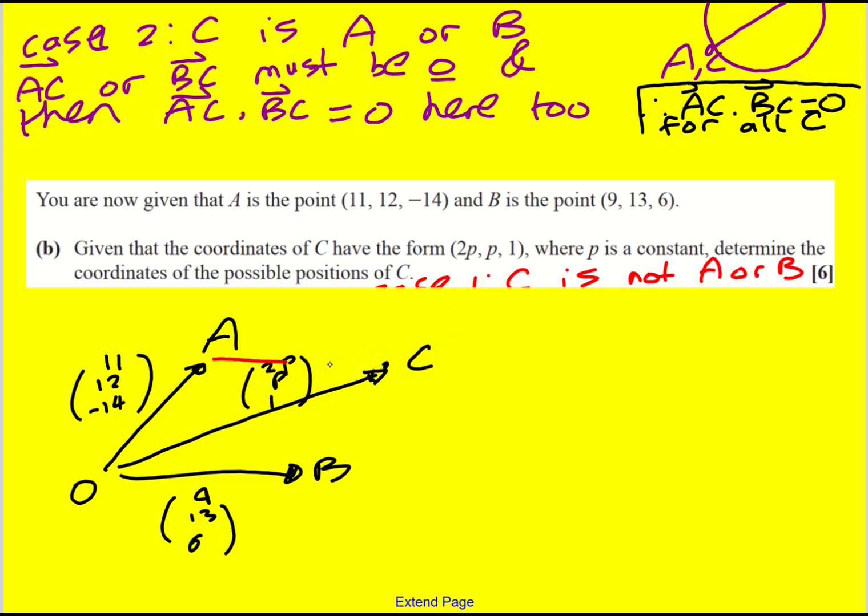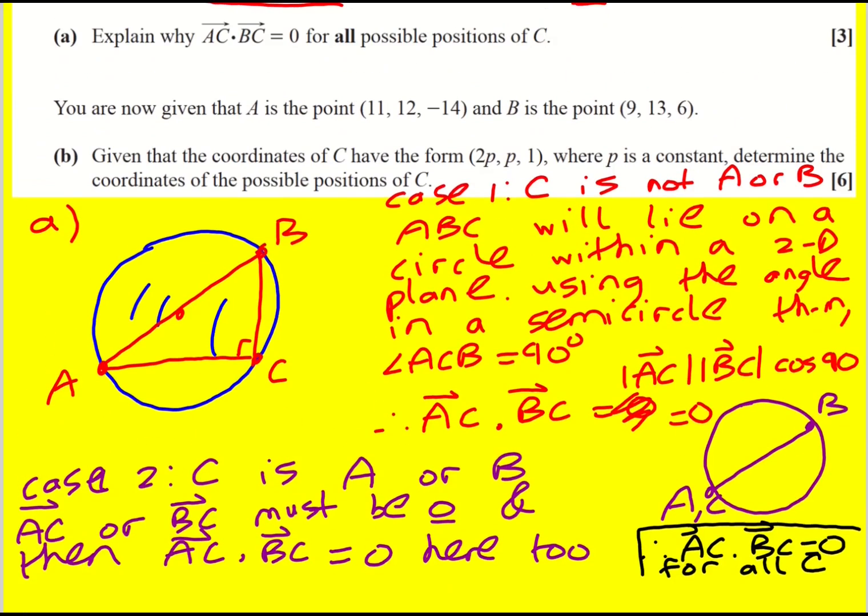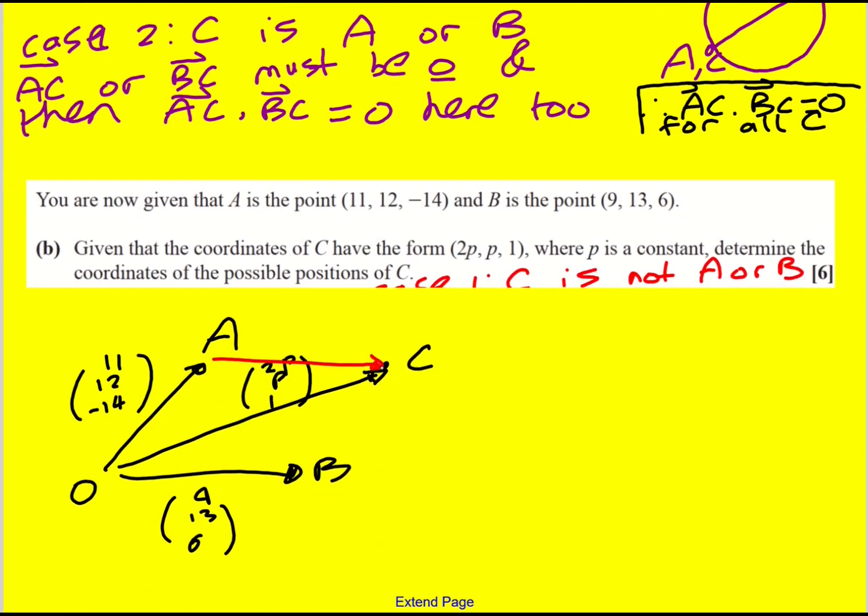We know that the dot product between AC and BC is 0. So, okay, let's work out what AC is. To get from A to C, I'm going to go backwards: minus OA plus OC.